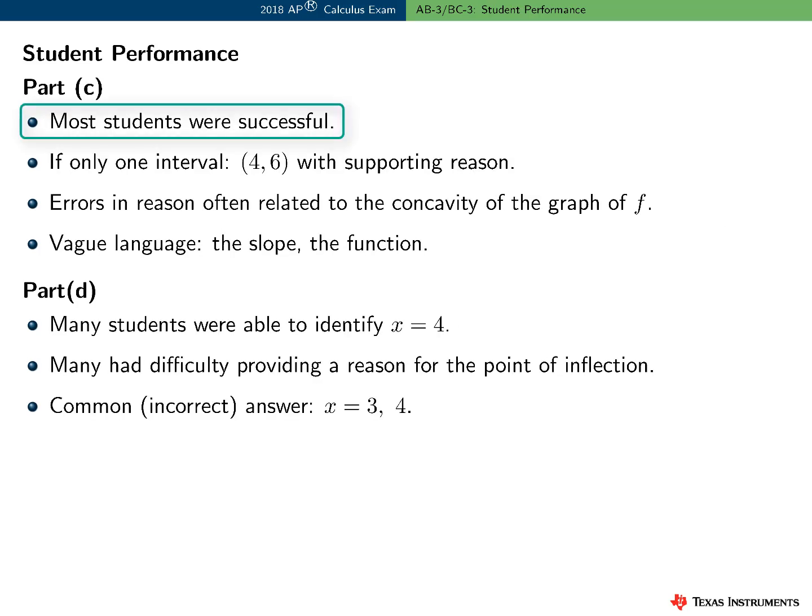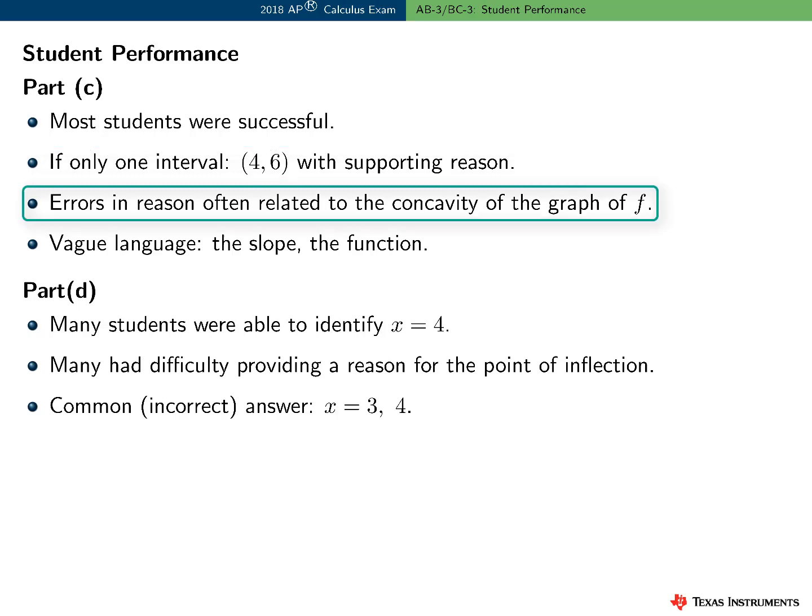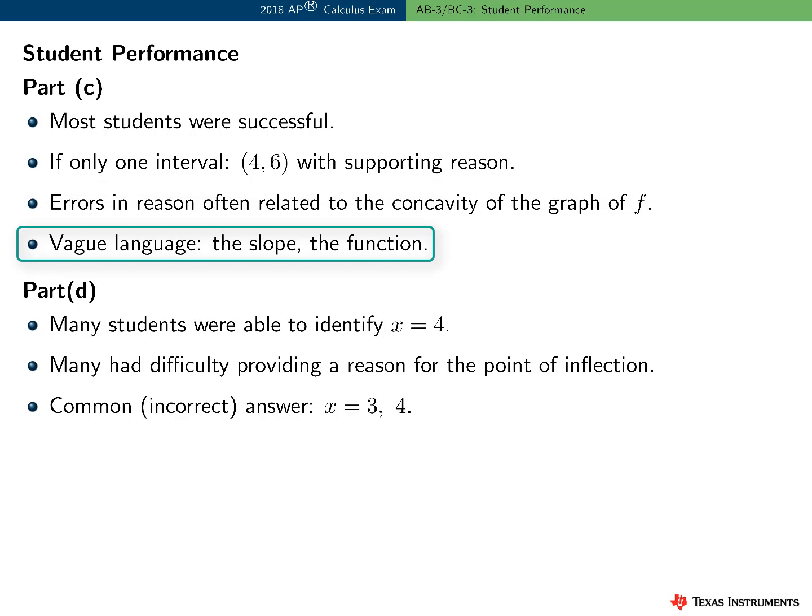Most students were successful in Part C. Those students who reported only one interval most often wrote the interval 4 to 6 with a valid reason. Errors in the reason were most often related to the concavity of the graph of f. And there was some use of vague language here, references to the slope or the function.